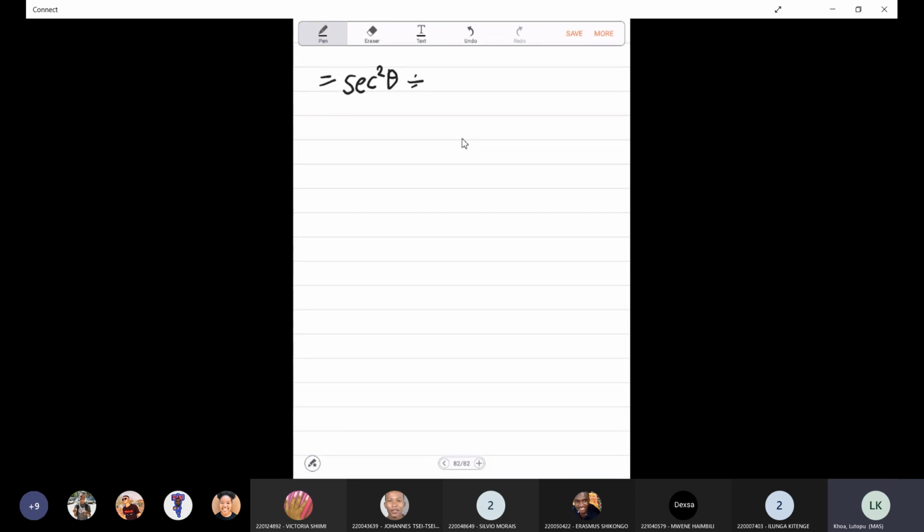Then we have to divide by dx d theta, and dx d theta was just theta cos theta.